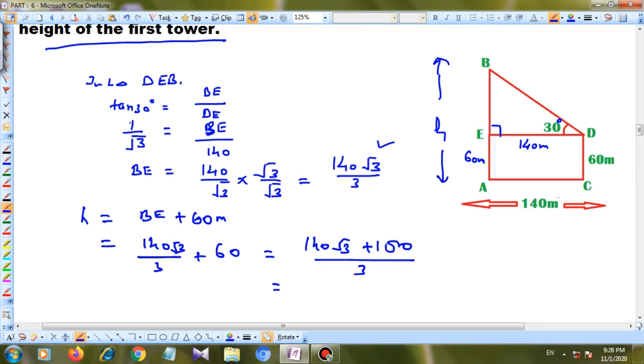So take 20 common. So here 7 root 3 plus 9 upon 3 meter.